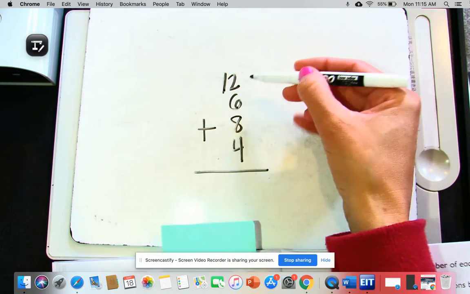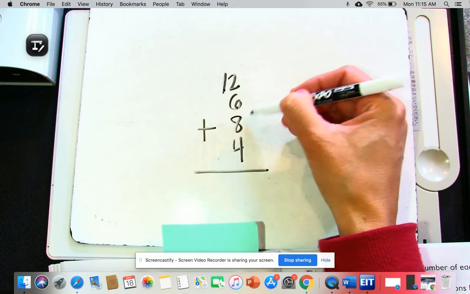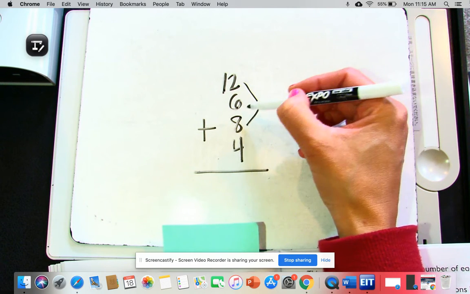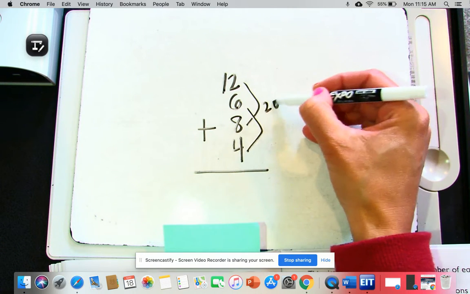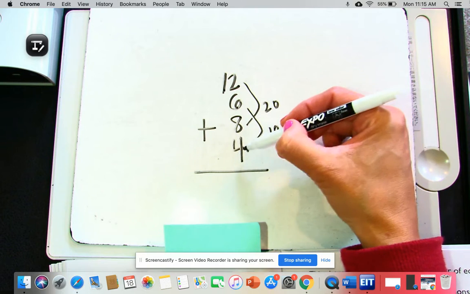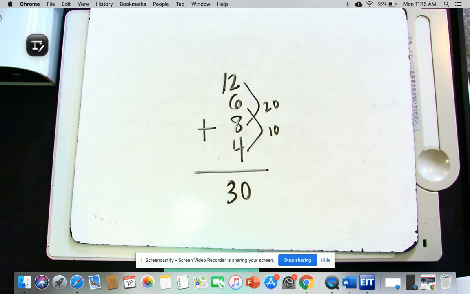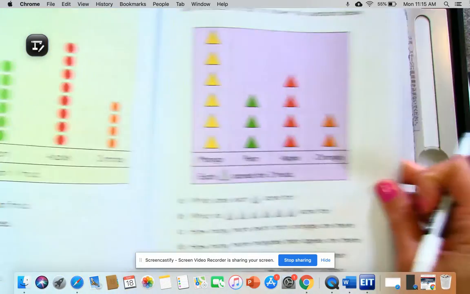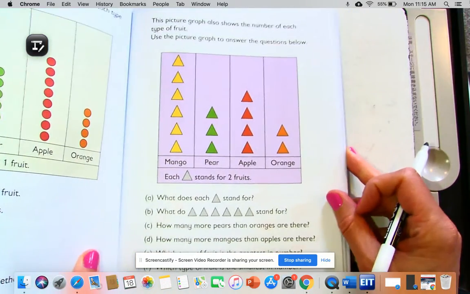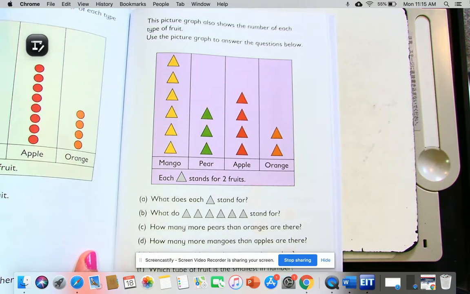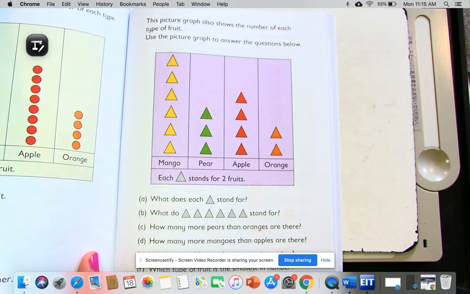Alrighty, so I see 12 and 8. That makes 20. Ooh, and 6 and 4 is 10, right? So we have 30 fruit altogether.